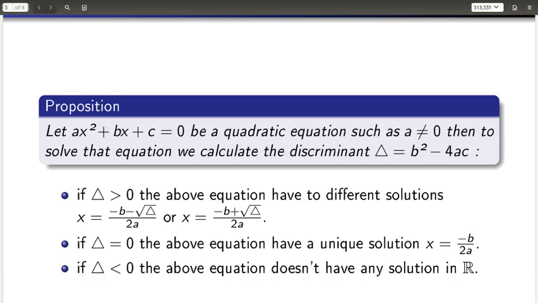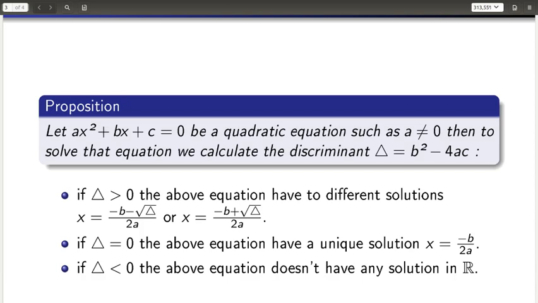The second case is where delta is exactly equal to 0. In this case the above quadratic equation has just a unique solution, which is minus b over 2a.